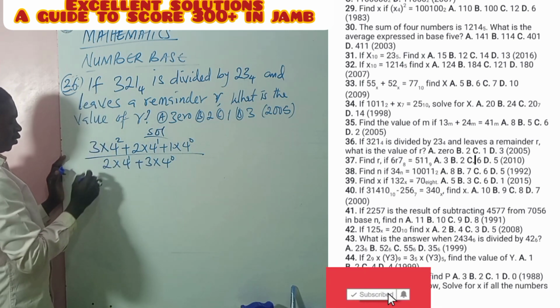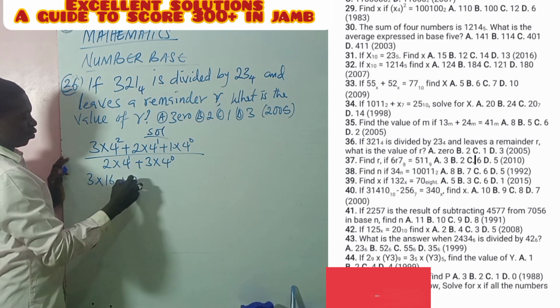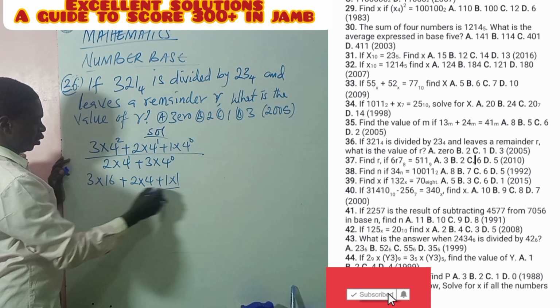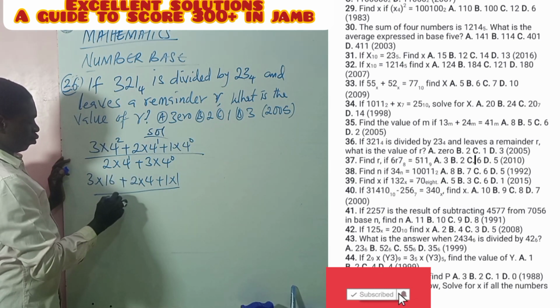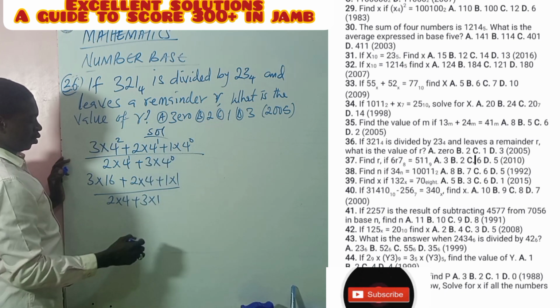This is the same as 3 times 4 square, we have 16, plus 2 times 4 plus 1 times 1, divided by 2 times 4 plus 3 times 4 power 0, which is 1.